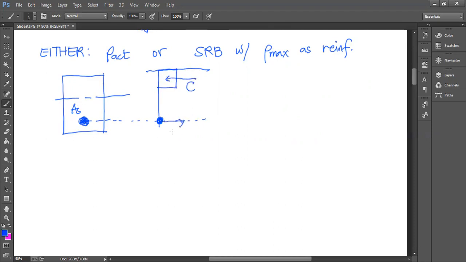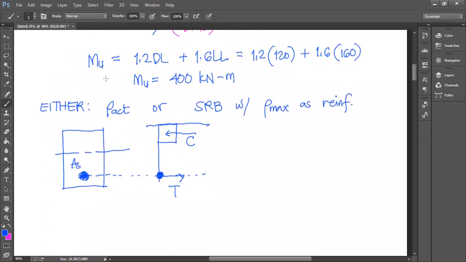Meron tayong compression and tension. Ngayon, yung raw actual na to, na sinasabi natin is due to MU. So, ibig sabihin, kailangan natin equate yung MU doon sa pagkuha ng raw actual.